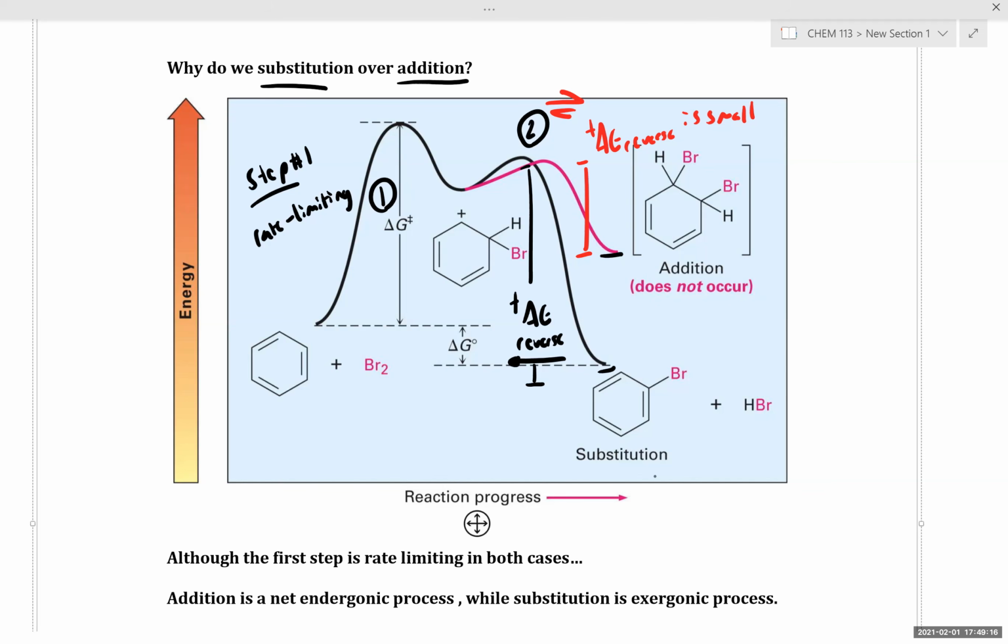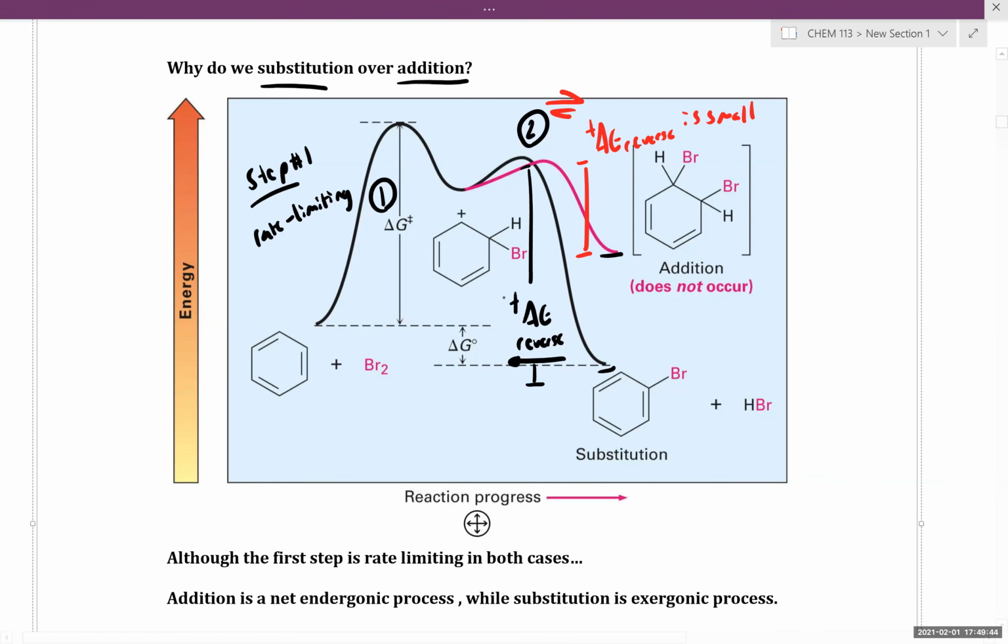Essentially, it's this idea that the addition product is so much higher in energy, and this step, the activation barrier, can be surmounted under the reaction conditions. This step is reversible under the reaction conditions for addition, so that we can funnel to the substitution product. And then once we have our substitution product, it's very difficult to surmount this activation barrier and go back to this cation intermediate.